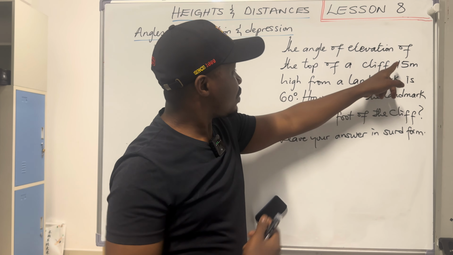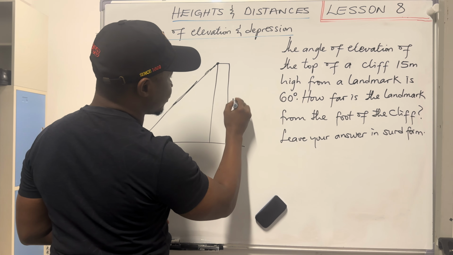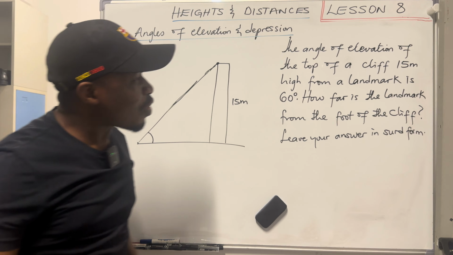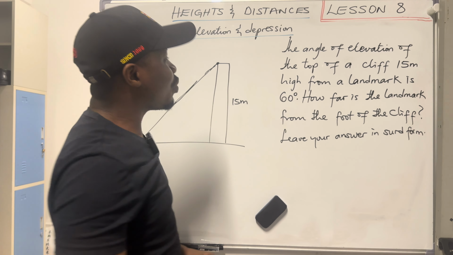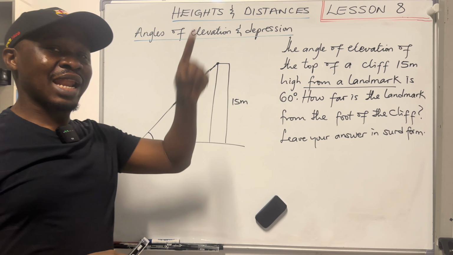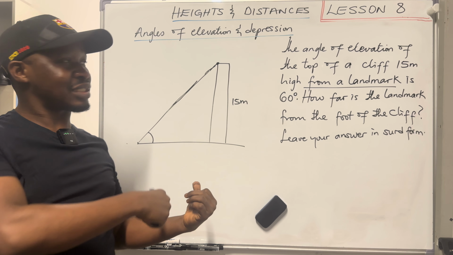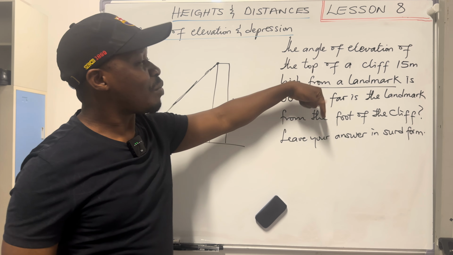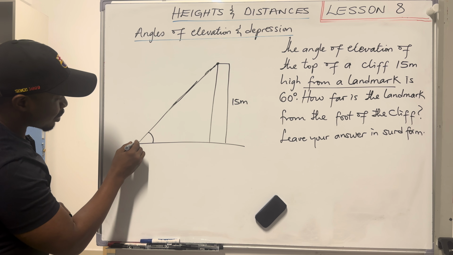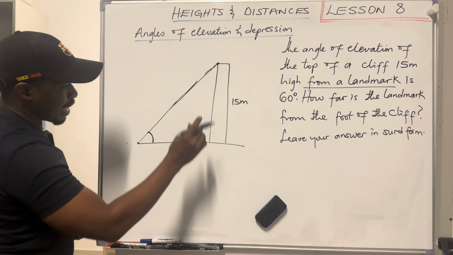The cliff is 15 meters high from a landmark, and you will always see this one. From means where the angle is. The angle is where? From a landmark. So the angle is here on the land, a particular point on the land.